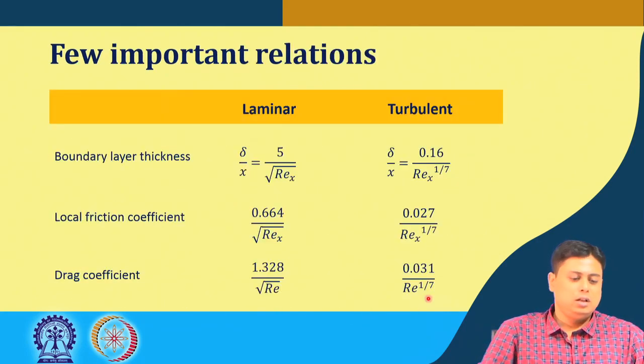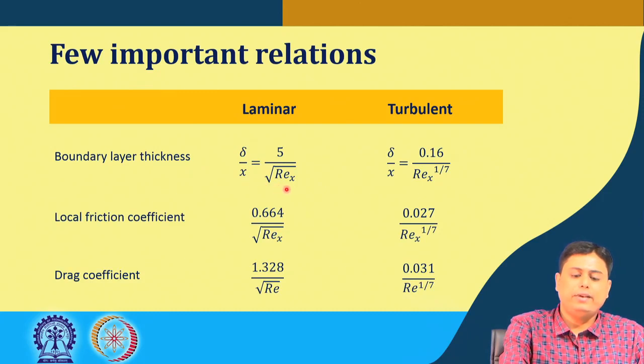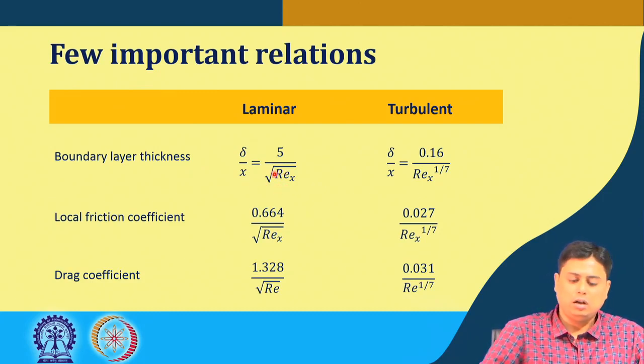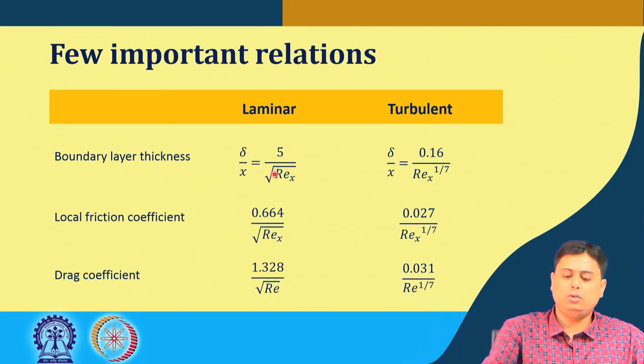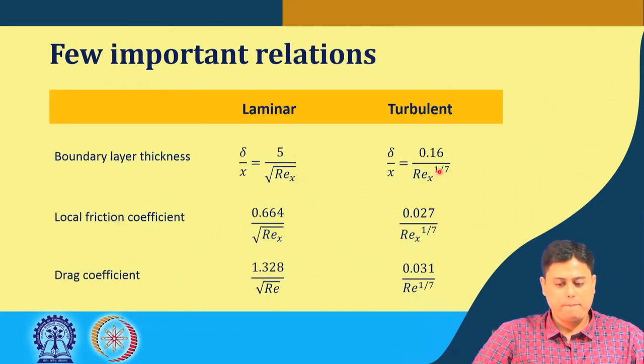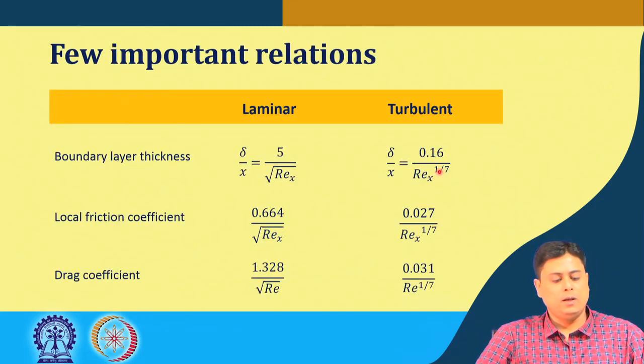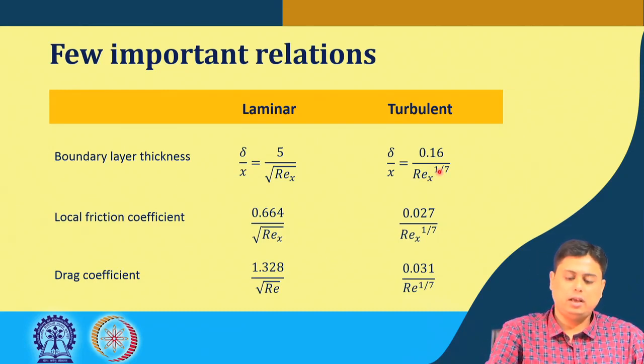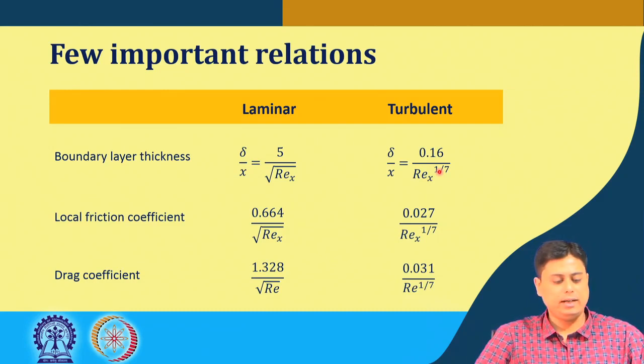We can see the boundary layer thickness varies with the Reynolds number to the power half in case of laminar flow, and to the power 1/7 in the turbulent case. The local friction coefficient varies similarly, as does the drag coefficient. So, these expressions you have to keep in mind and remember to use wisely.